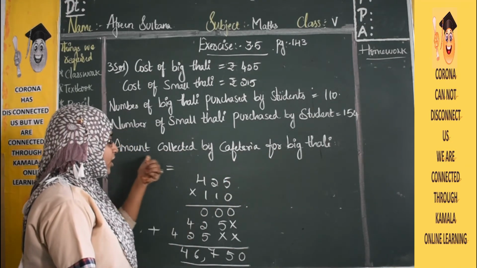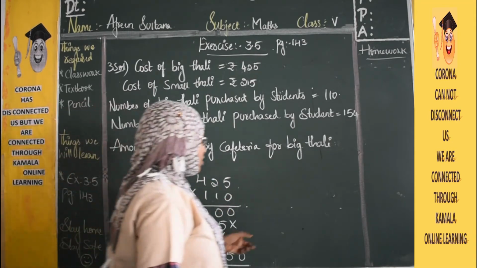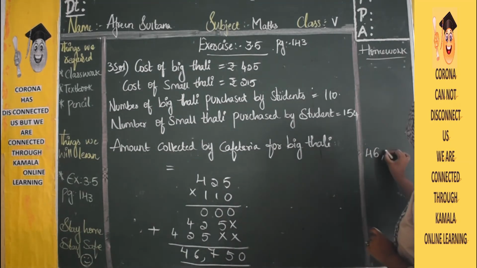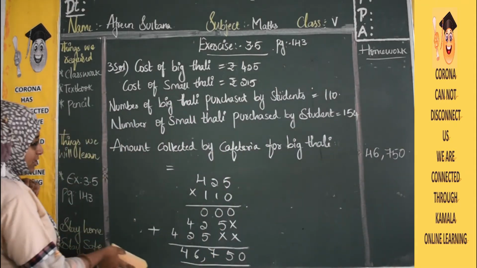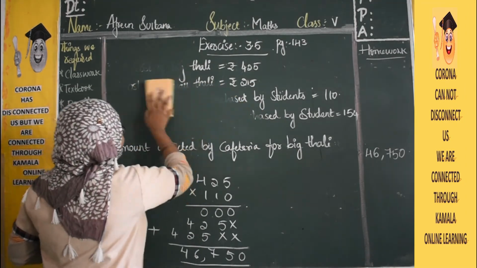Similarly, we will find the amount collected by the cafeteria for small thalis. Let us keep this because we need to find the total, right? Yes, 46,750 rupees for big thalis. Okay, so I am just erasing this. Now let us find the amount collected by the cafeteria for small thalis.